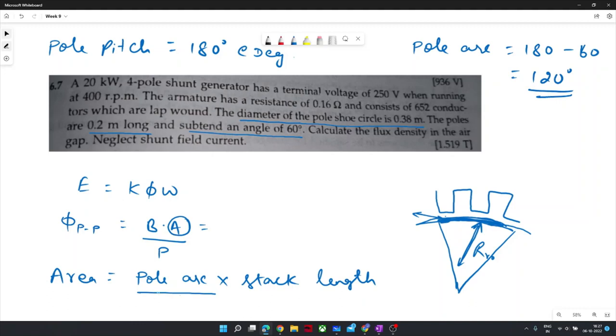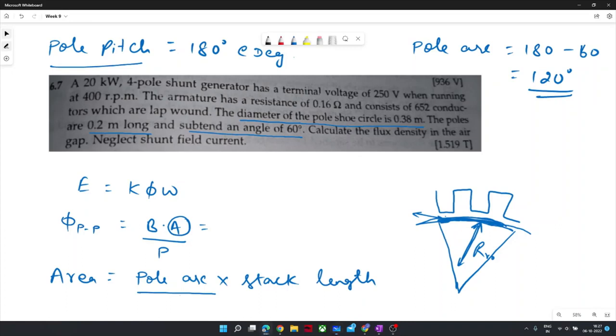If you had used pole pitch in place of pole arc, it would give you the total area in the air gap. But when it is said that you can use an active area of this much, then you have to use 120 degree of the length.